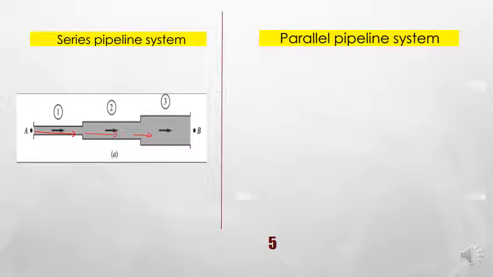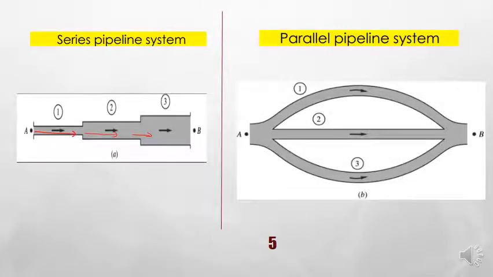But for the parallel pipeline system, the flow is divided into a few pipes. For example, like this one, it has three branches. Why do you call it three branches? From one junction, it breaks into 1, 2, and 3.